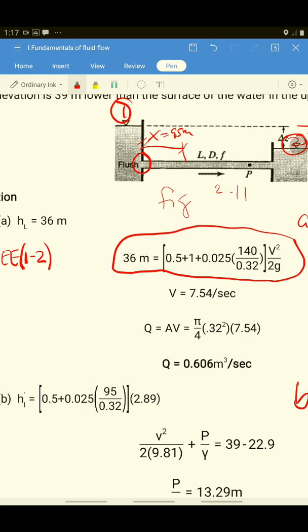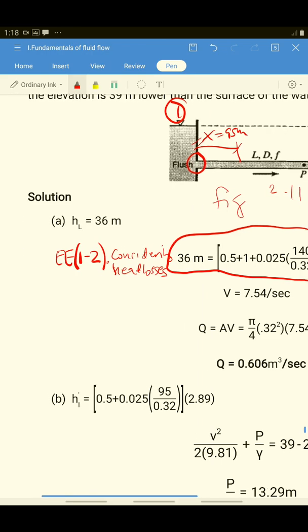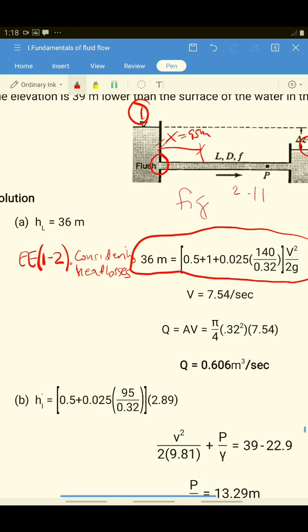But here we have to consider the losses. So considering head losses, what are the types of losses? Head losses, we have two types. The friction loss, that is major losses, and the minor losses.